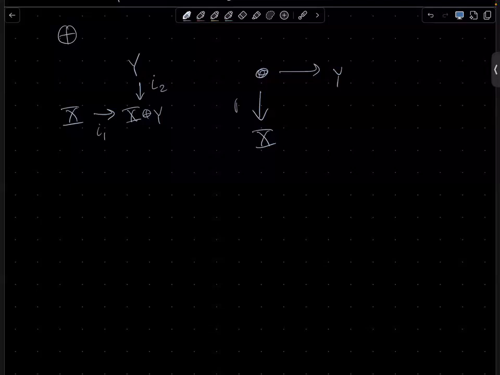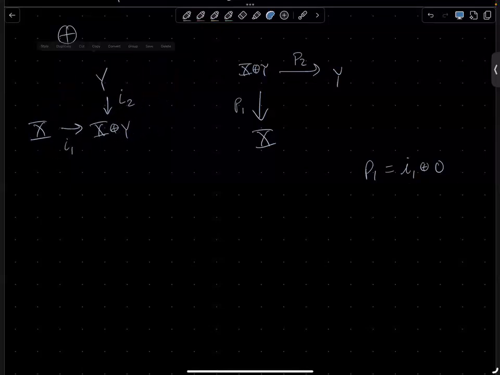I'm going to write P1 and P2 here, and it turns out indeed you can write x direct sum y here. What are P1 and P2? P1 is the map that you get if you take I1 and direct sum it with the zero morphism. What do I mean by that? We have to appeal to this universal property.